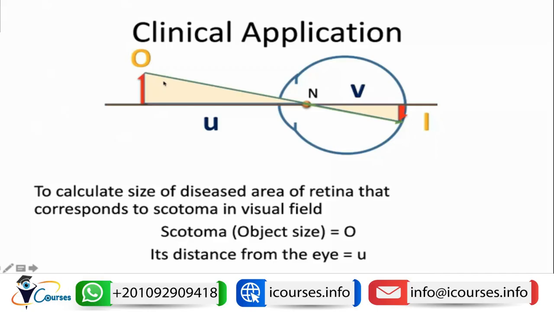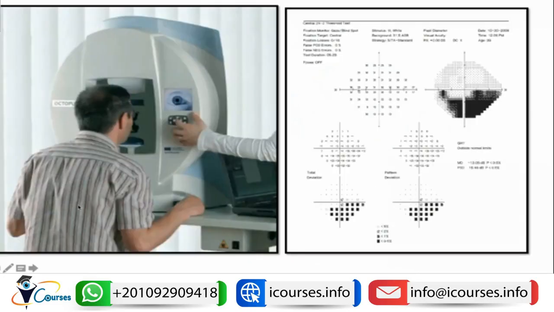If we have a device that can present different objects, and the object is of known size, O, and is placed in front of the eye at a measured distance, so we know U, and since we know V, we can know how much of the retina is affected and diseased, such that you cannot see this object. And this is the principle of the visual field test, or perimetry.